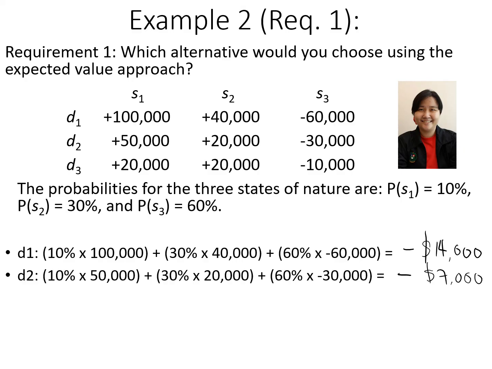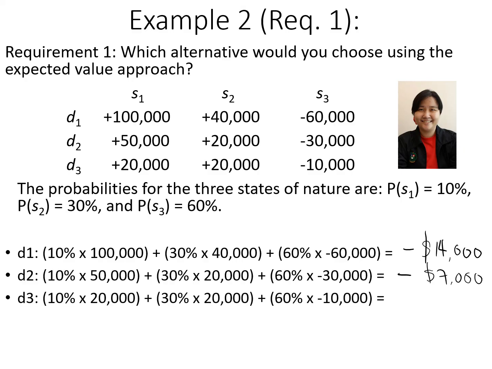7,000. And for D3, that would be 10% times 20,000 plus 30% times 20,000 plus 60% times negative 10,000. And you will get a weighted average of $2,000.